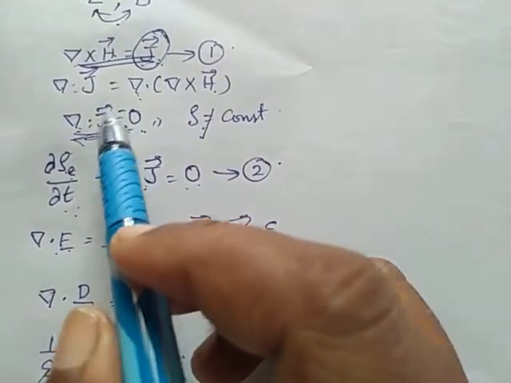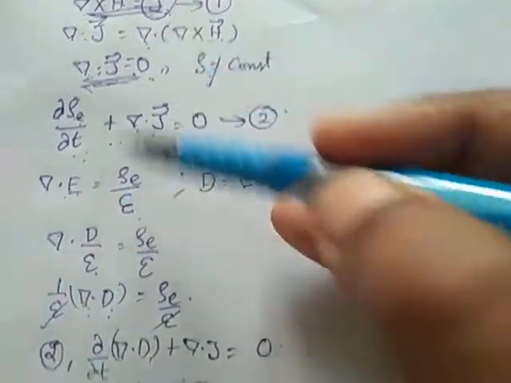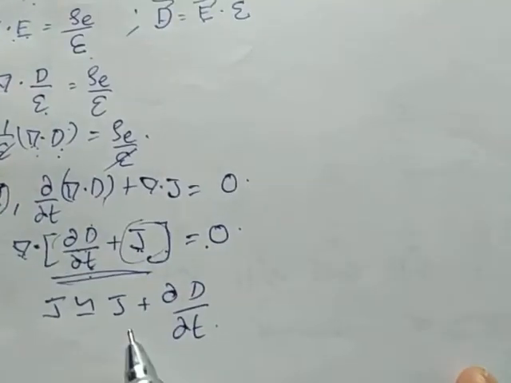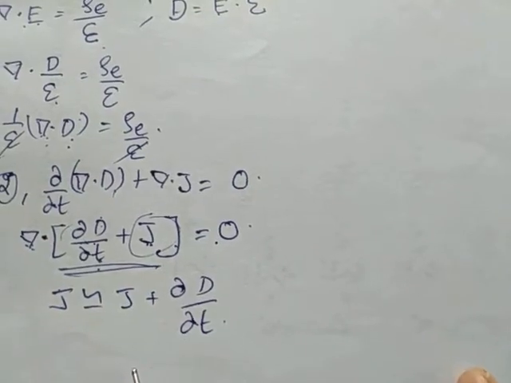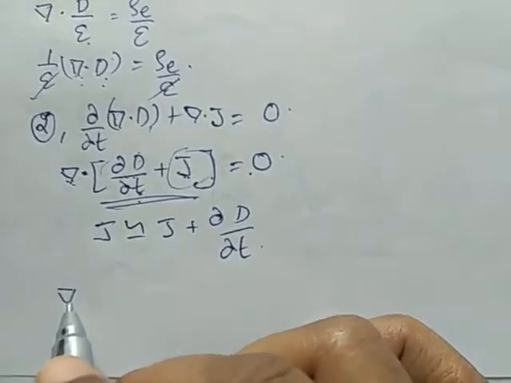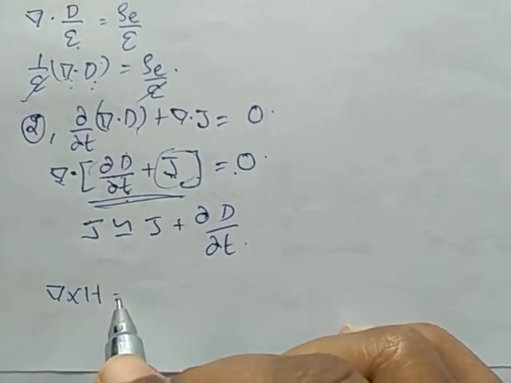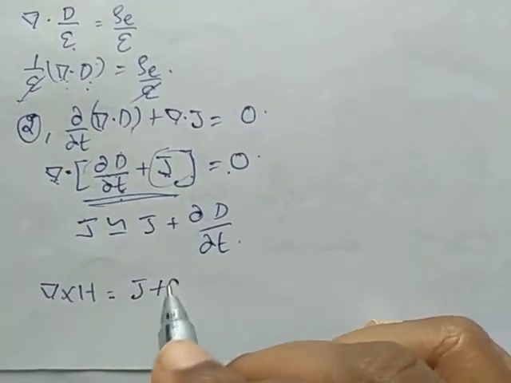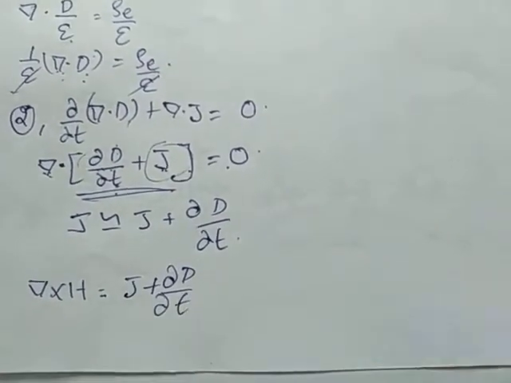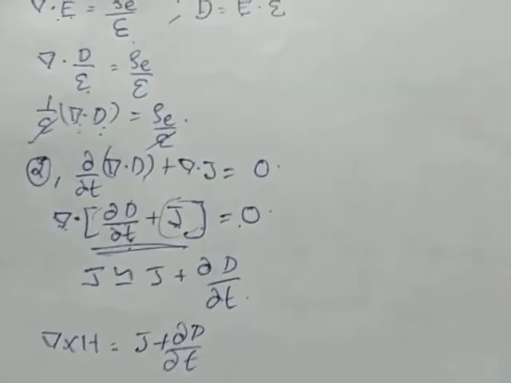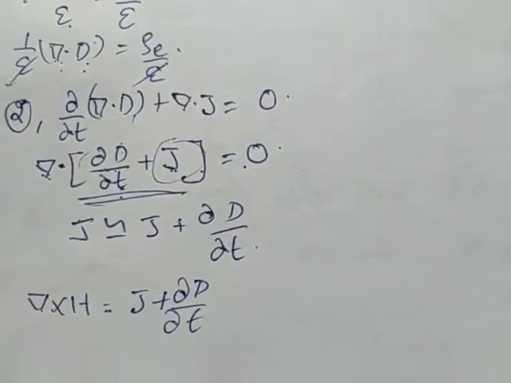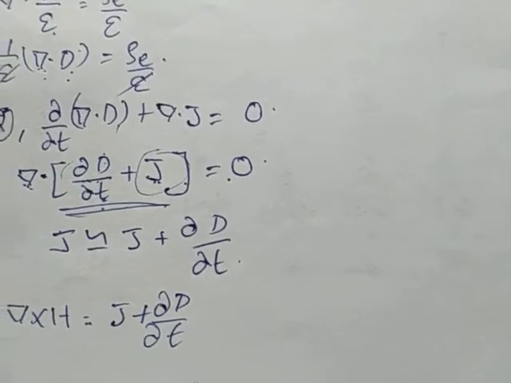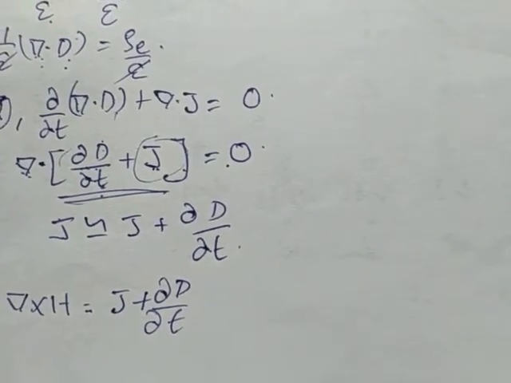So we have concluded J is replaced by J plus dou D by dou T. Thus, Ampere's law has reduced to curl of H is equal to J plus dou D by dou T. This is Maxwell's correction to Ampere's law. Here dou D by dou T is the displacement current.